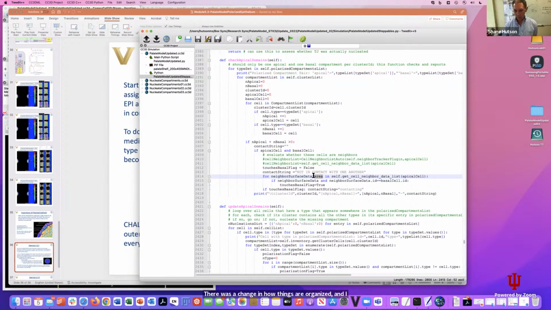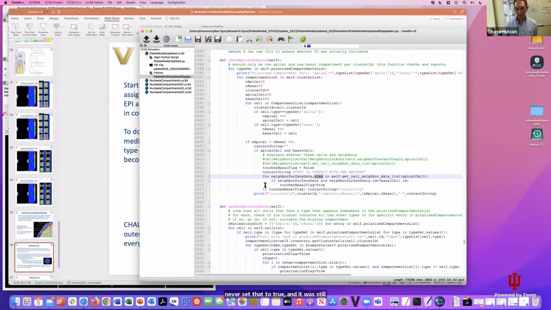So then, once we're looping over all those neighboring cells, we check if the cell exists and its ID is equal to the basal cell ID. Well, great. We say, all right, the apical and basal domains are in contact with one another. They're neighbors. And so we set that touches basal flag to be true. Otherwise, that touches basal flag was started as false, and so it stays false until it's true for one of these pairs of neighbors that it compares. And if it gets through the whole list of neighbors and never set that to true, then it was still false.